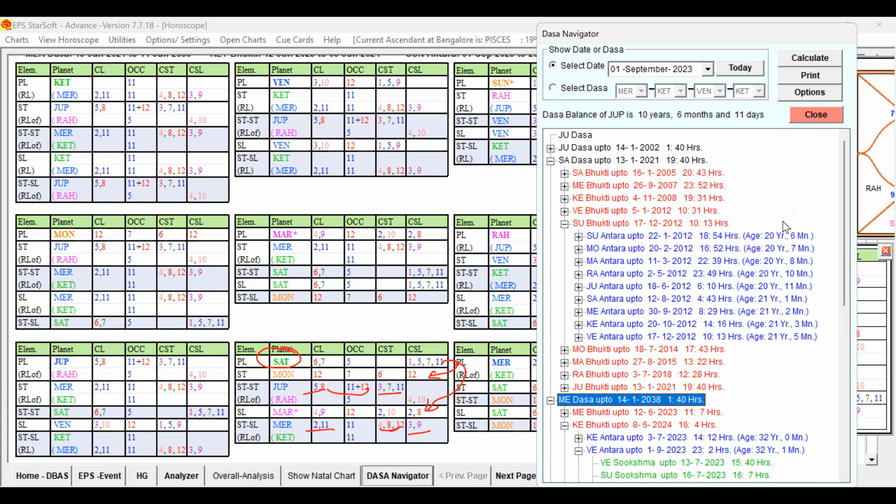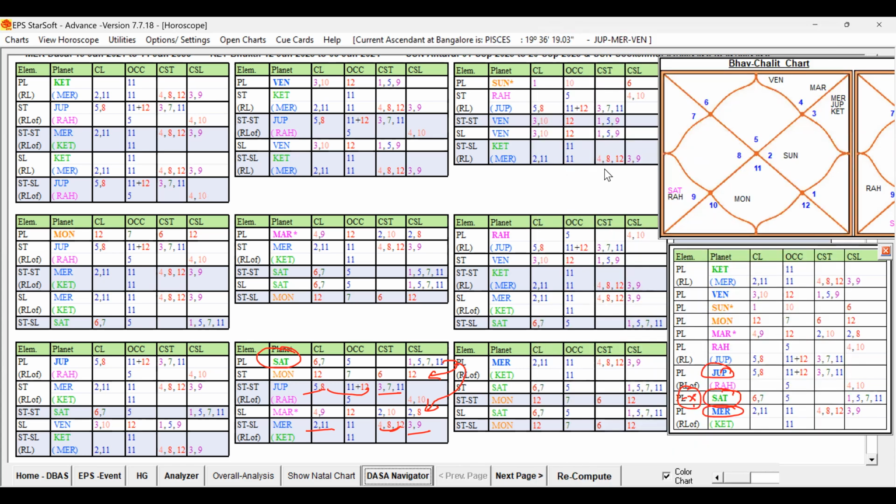So Saturn Dasa, Sun Bhukti we can also take into consideration during the marriageable age. If you take from 18 years, Venus Bhukti will be running. Then Sun Bhukti, then Moon Bhukti, then Mars Bhukti, Rahu Bhukti, and Jupiter Bhukti. These are the Bhuktis the native was running from the marriageable age.